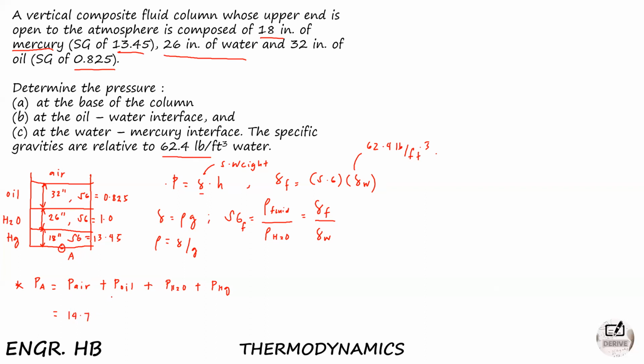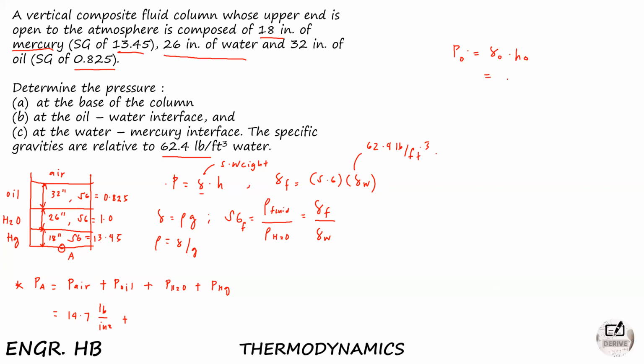We will use the psi because the given height is in inches. So that was pounds per square inch. Sulat ko muna dito yung pressure ng oil, so PO na lang, is equal to gamma times H, gamma ng oil times height ng oil.